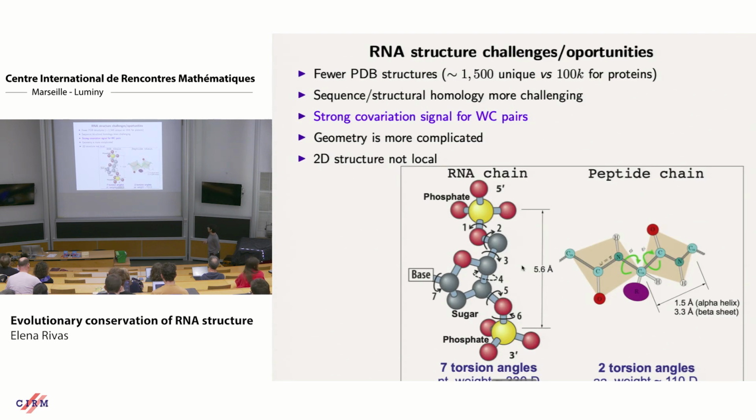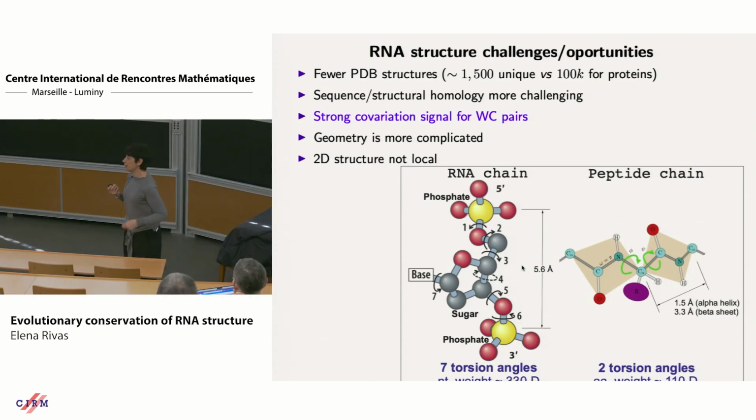But I would like to finish by stressing the differences between RNA and proteins. First of all, as you all know, we have many fewer PDB structures for RNA than for proteins. On a good day, I would say there are about 15K, give or take. Some methods use a few more, maybe 2,000 more, but that's about the number versus 100,000 that you have for proteins.